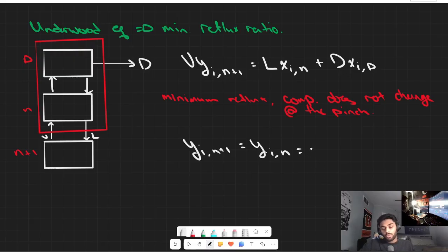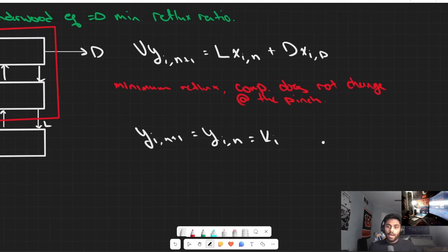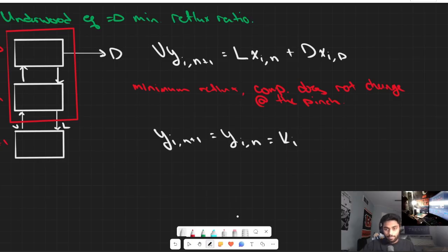We can also relate this in terms of our partition coefficients, K. So it would be K_i times x_i leaving stage n. At this point, we have defined our vapor mole fraction leaving stage n+1, and we have also defined our liquid mole fraction leaving stage n, and related that to our vapor mole fraction leaving stage n.